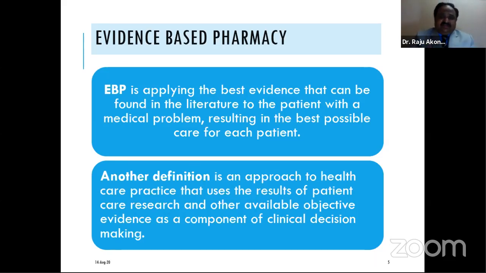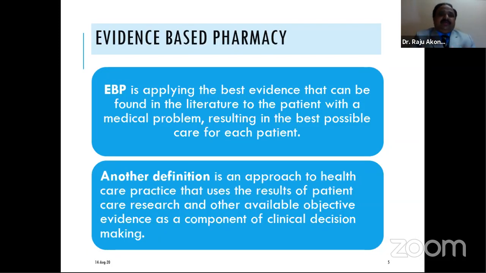Okay, so what is the definition of this? EBP, or evidence-based pharmacy, is applying the best evidence that can be found in the literature to a patient with a medical problem, resulting in the best possible care for each patient. It's nothing but looking into the literature for the best evidence available for the treatment of that particular patient.